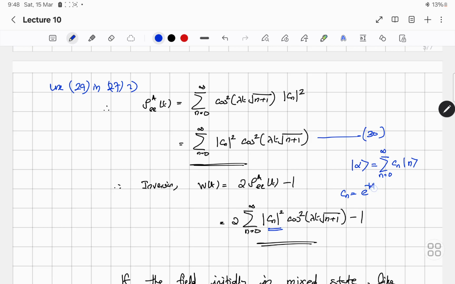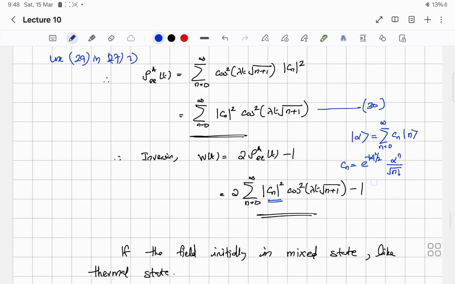It is e raised to minus mod alpha square by 2, alpha raised to n divided by square root of n factorial, and correspondingly we can find out what is your mod C_n square. This kind of expression we have already discussed earlier, that is if the field is in a pure state, but here we are mostly interested in the field being in a mixed state.